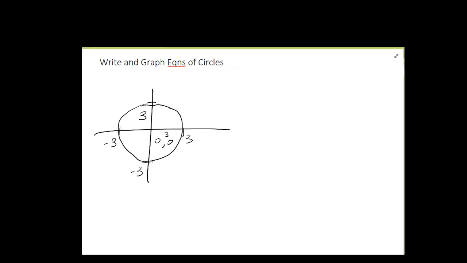If you take any point, and let's call this point (x, y) on this circle, and we connect the origin to that point, then the equation of the circle is x squared plus y squared equals r squared, where r is the radius, and in this case the radius is 3.